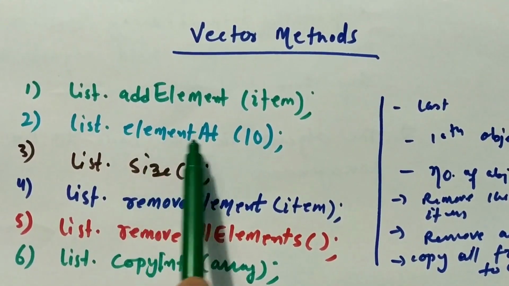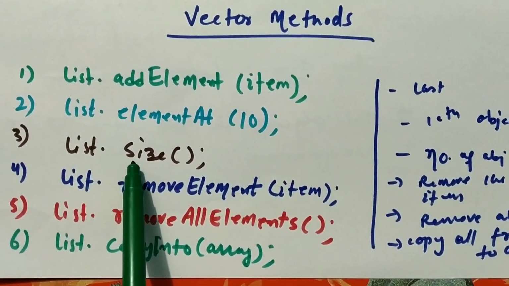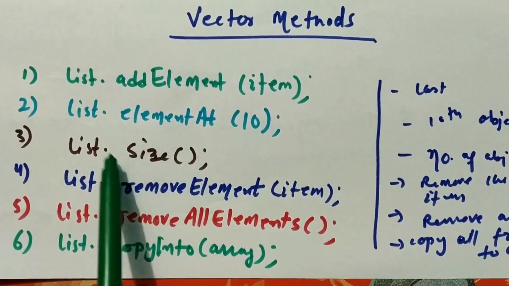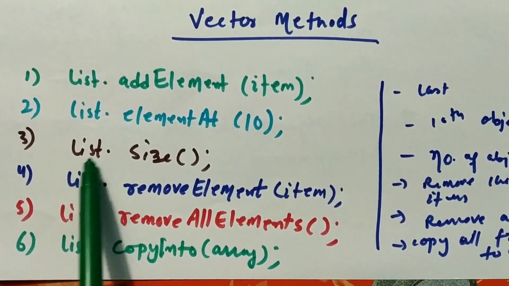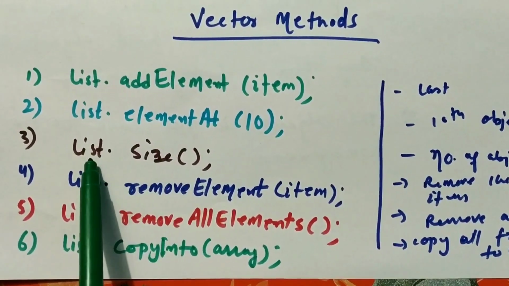Next is list.size(). How many objects are present in this list, in this vector? It will show the number of objects present in the list.